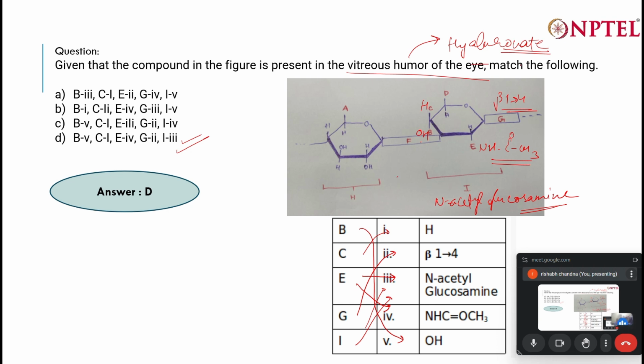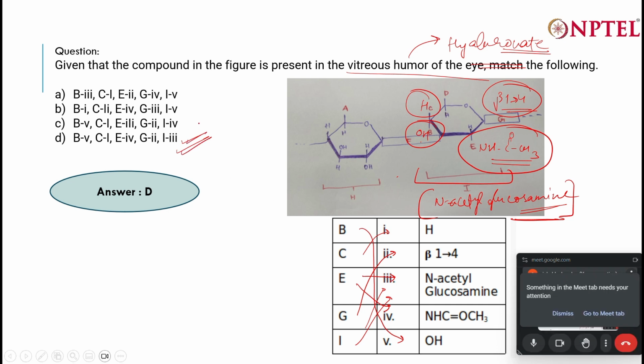If we see the structure of hyaluronate, then B represents OH, C represents H, then E represents NHC double bond OCH3, G represents the beta 1,4 linkage, and this whole structure forms the N-acetyl glucosamine. After matching these, the correct answer turns out to be option number D.